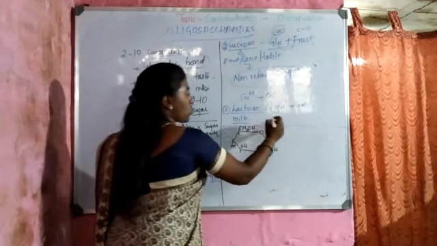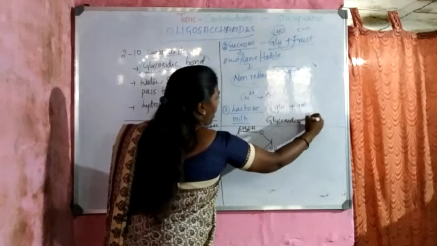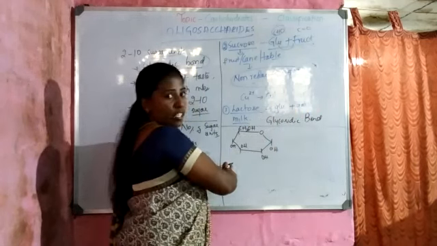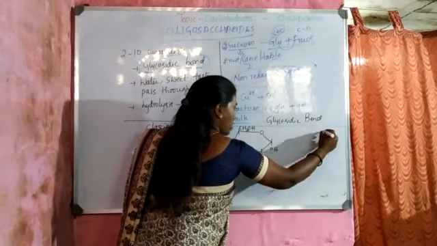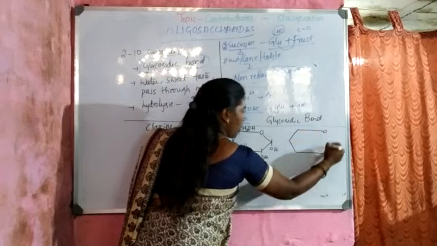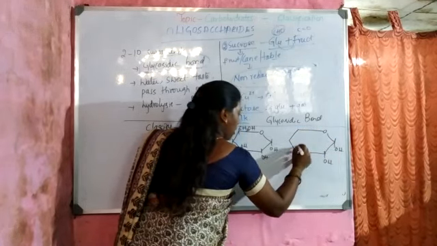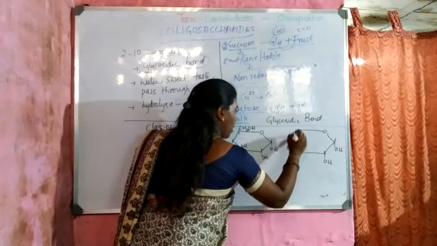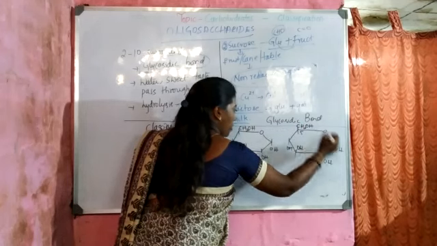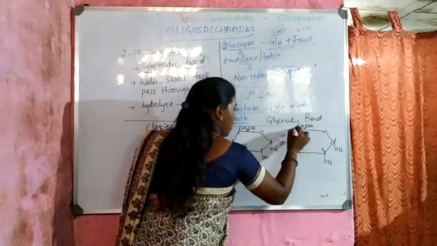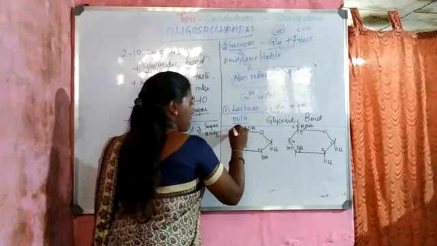I am writing this structure in order to explain glycosidic bond formation. This is one sugar unit of glucose. Another glucose is here, and here also it will have six carbons, CH2OH, 1, 2, 3, 4, 5, 6.